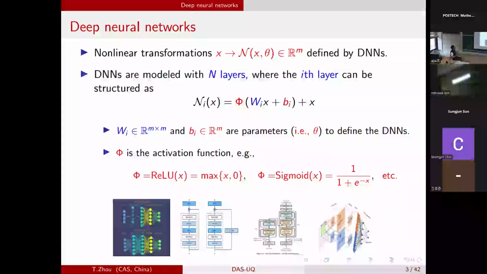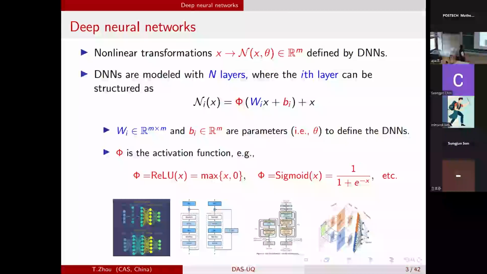In each layer, you have a very simple transformation. This is the linear transformation, and then you have an activation function here, which is nonlinear. Otherwise, the whole transformation will be linear, which is not useful for approximation. So this is important. You use an activation function here, so that the entire function can be very complicated.